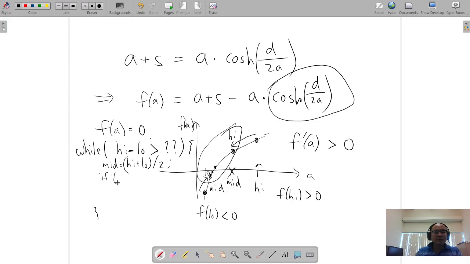And then if f of mid is bigger than 0, then high becomes mid, else low becomes mid. Now you might say, well, if f of mid is bigger than 0, then high becomes mid, and if f of low is less than 0, then low should become mid.